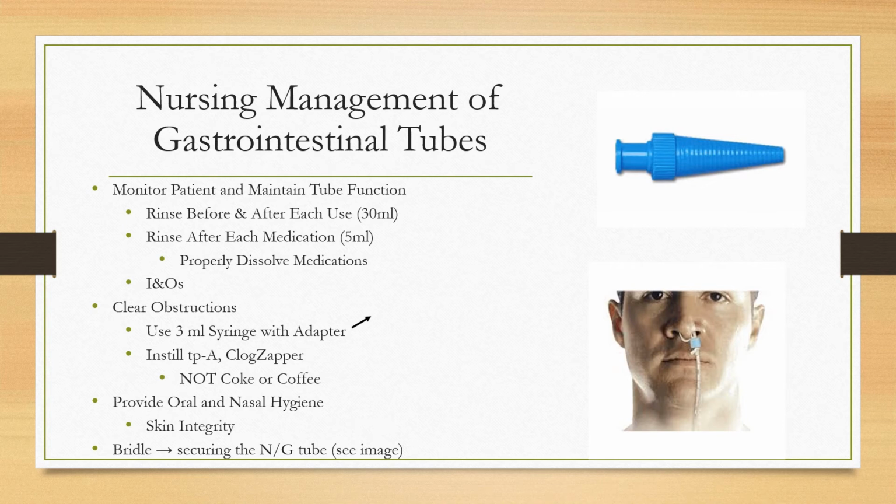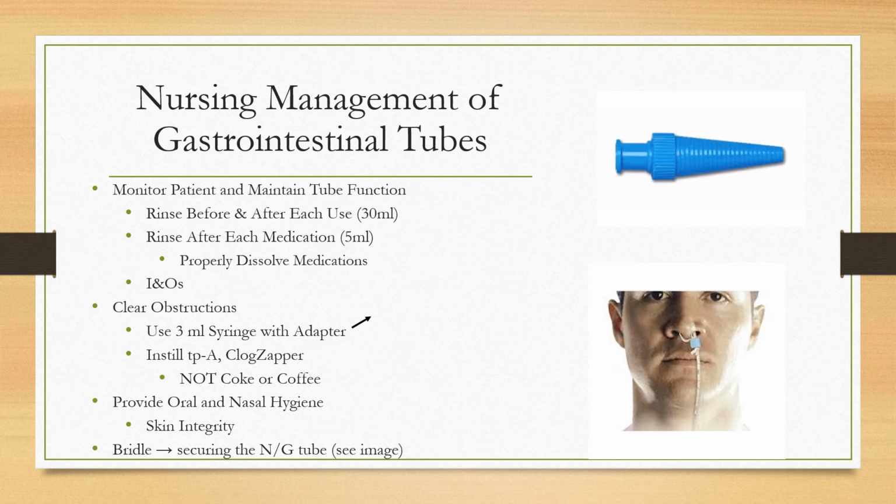Okay, so management of nasogastric tubes. I'll call them nasogastric tubes since they're the most common ones compared to an orogastric tube. So rinsing, basically flushing the tube before and after each use with 30 mils of sterile water or saline.